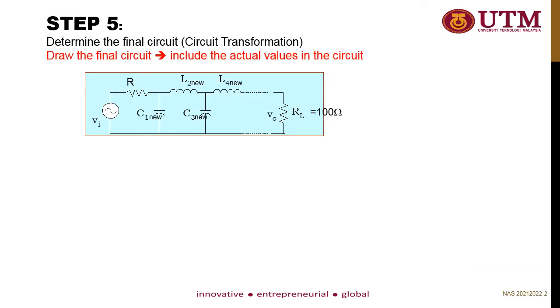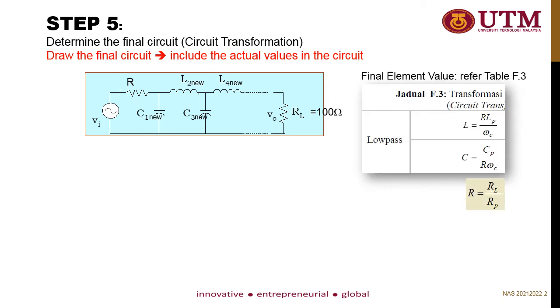Okay, lastly, the final step is to represent the final circuit using circuit transformation. So you'll be using the same sequence as the normalized circuit. However, you need to calculate the new values of your components.